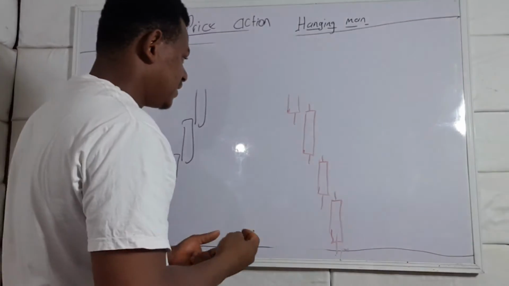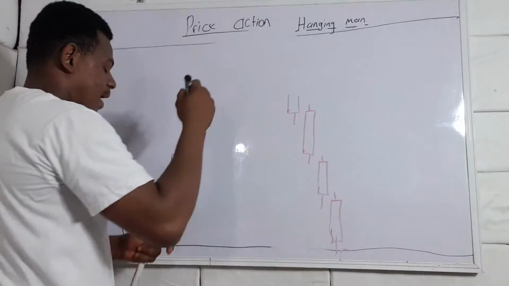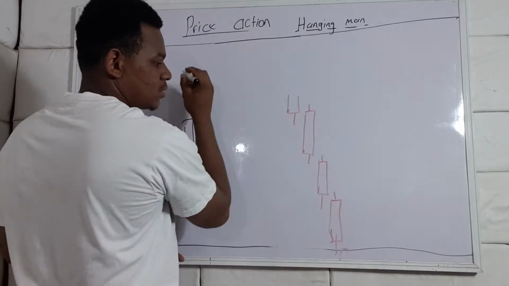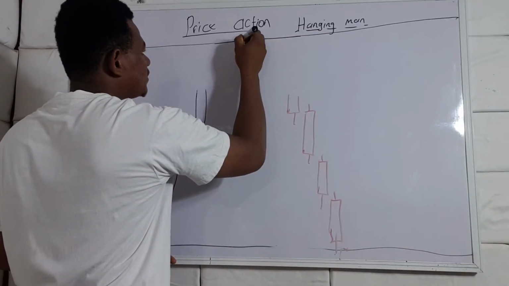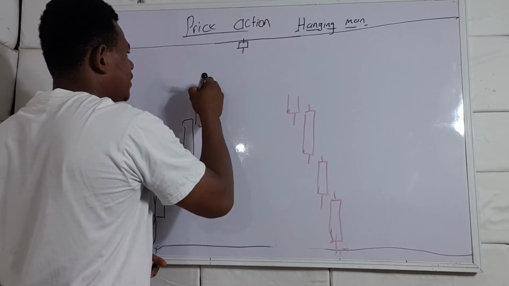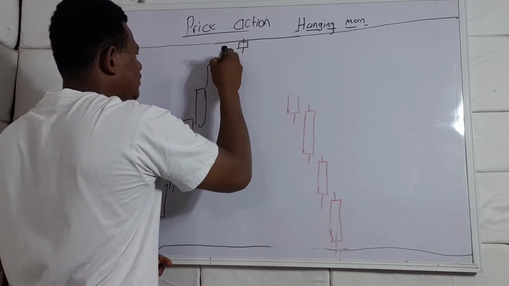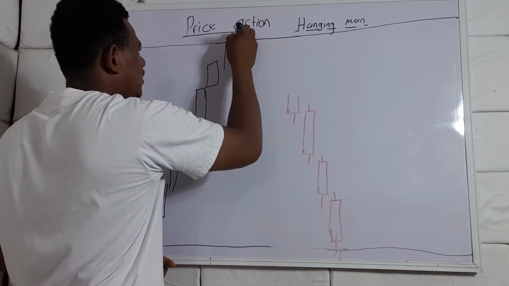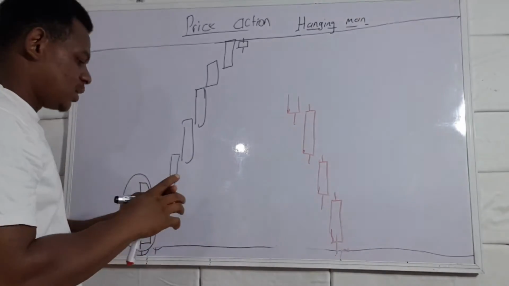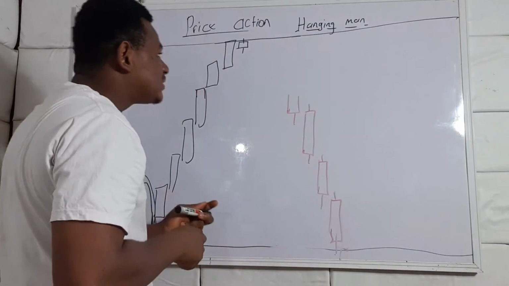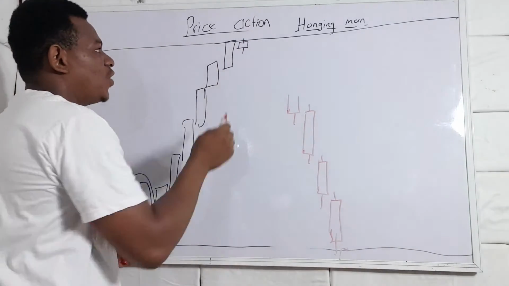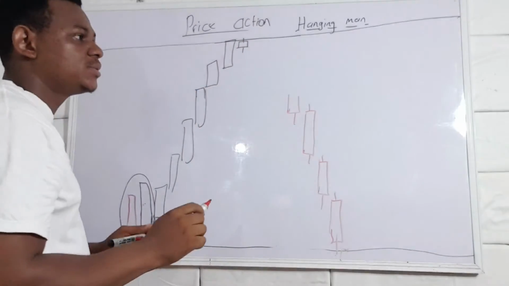So the evening star is seen at the resistance zone. It's just like the morning star, in the sense that these buyers just pushed this market to the upside. Then we had a candle formed as a star, or we call this doji.